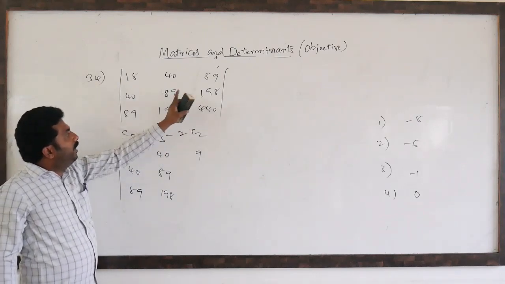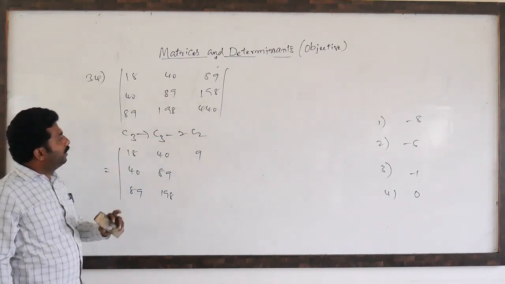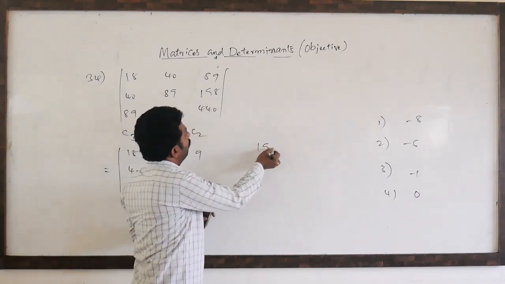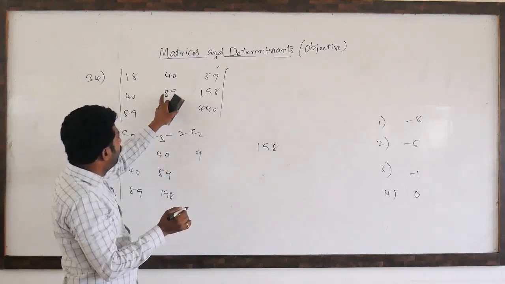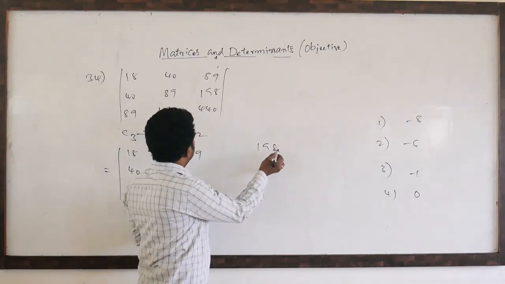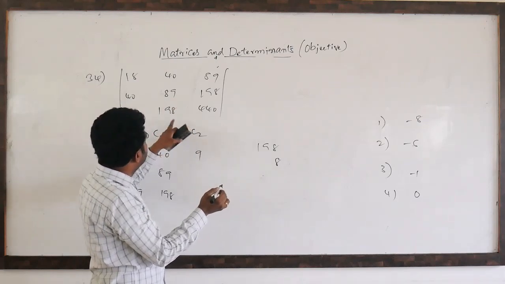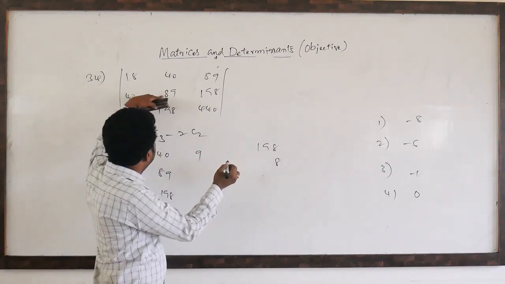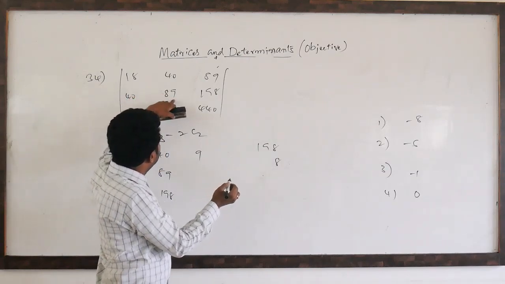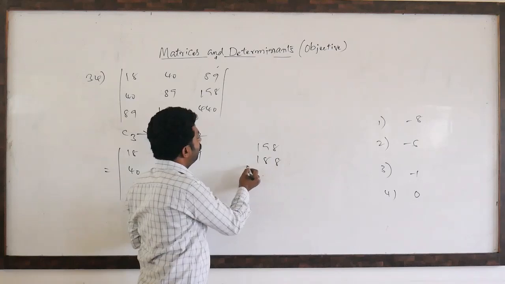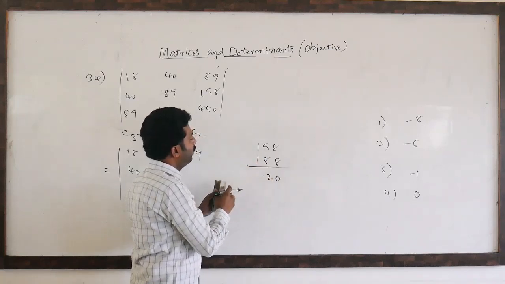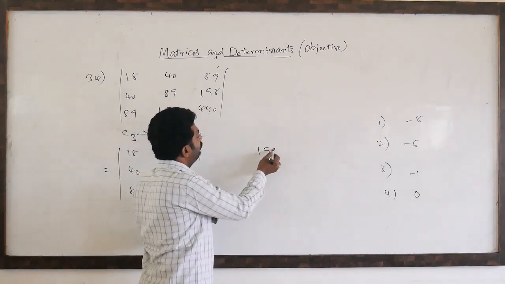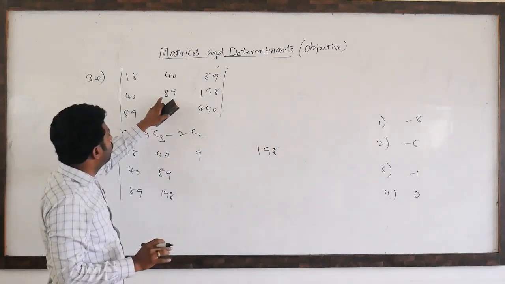So 198 minus 2 times 89. 2 times 89 means how much will it come? 198 minus twice 89.